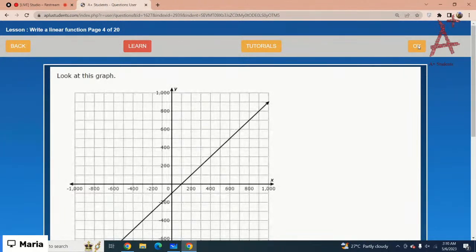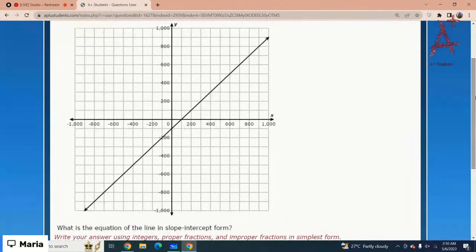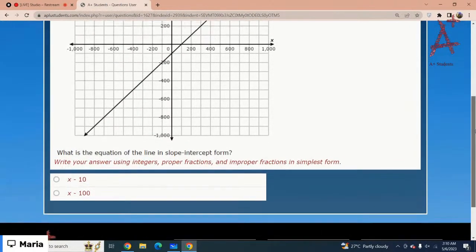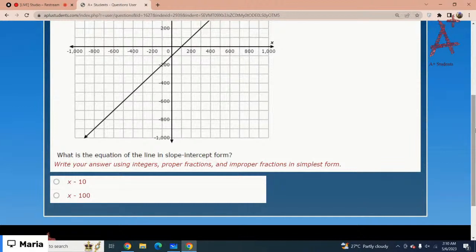Okay, the next one is, okay, you have to find the y-intercept. So here is the y-intercept of the graph. So the y-intercept of the graph is negative 100. So which is the correct option? Because you are given the options, you can just find the equation from the slope.